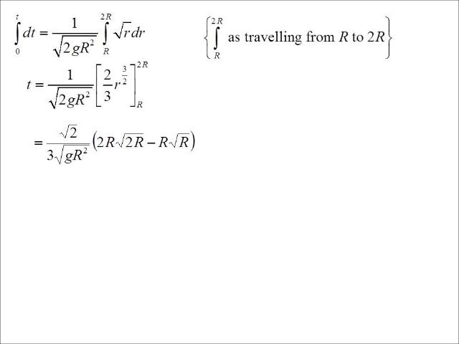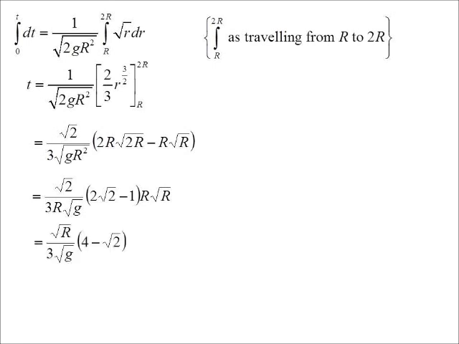I'm keeping one eye on what I'm trying to prove here. So if I factorise out the R root R, inside I'm left with 2 root 2 minus 1. And also the square root of R squared in the fraction, I can make R. Well, that R will cancel with the other R. So I now have the square root of R over 3 root G, but now I've multiplied the root 2 inside the parentheses.